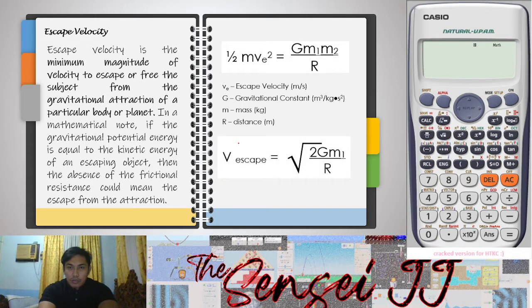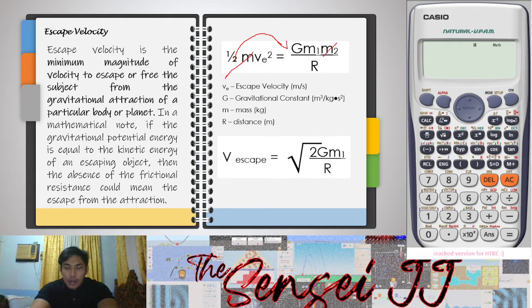So manipulating this formula, cross multiplying 2 in here, and we can cancel one of the masses, which is visible to our two objects.